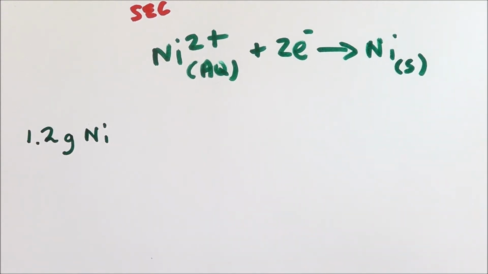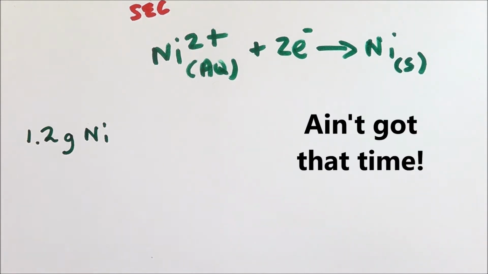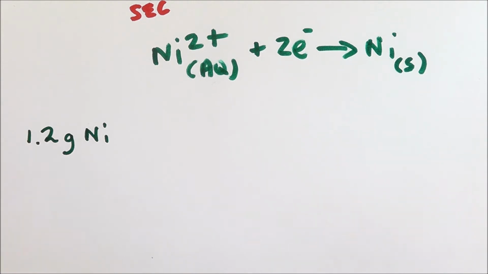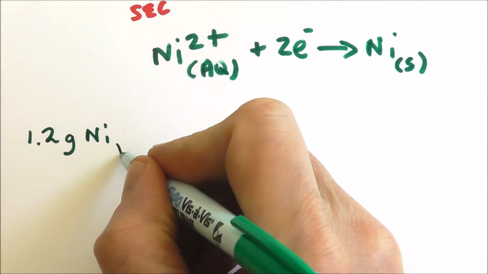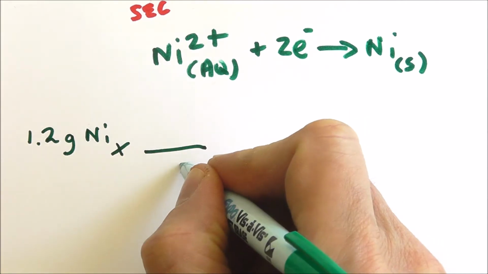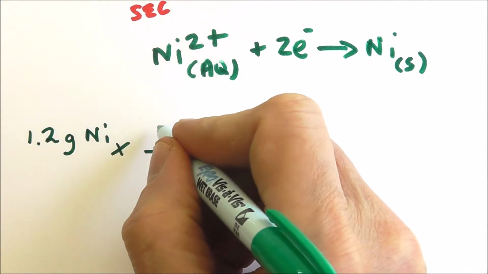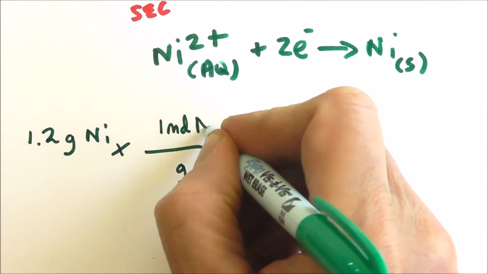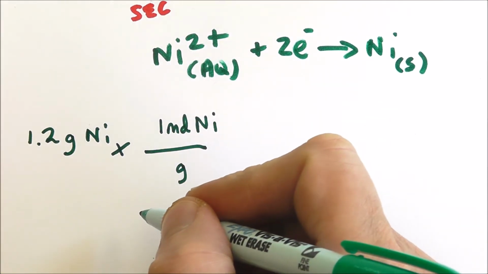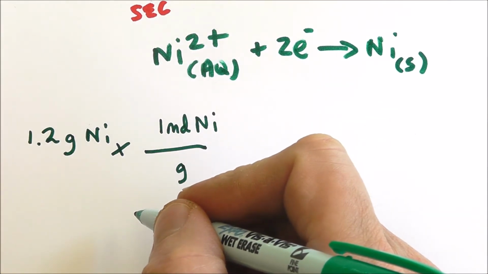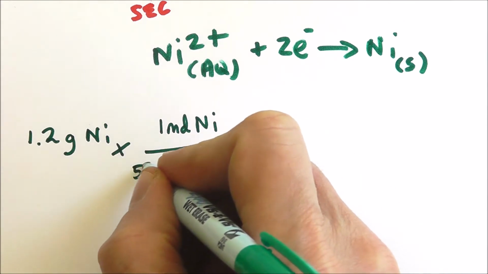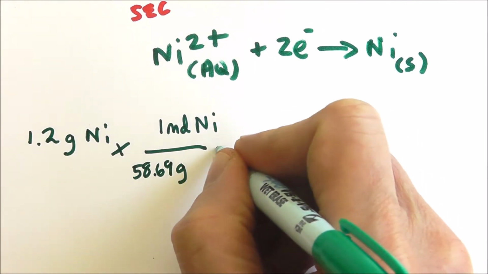Okay, here we are. We decided that we would run into a dead end if we used the current first, and we would have because we don't have the time. So we start with the other thing, and sometimes, folks, it's okay to start in one place and come to a dead end. Start with the other piece of information, which I could certainly find out. We know from good old Gen Chem 1, 1 mole of nickel is 58.69 grams. Here's the trick.